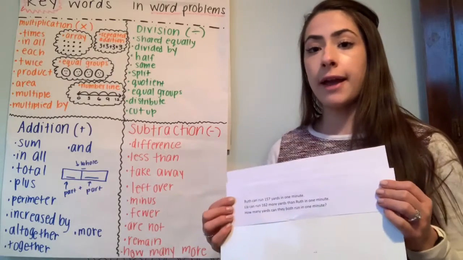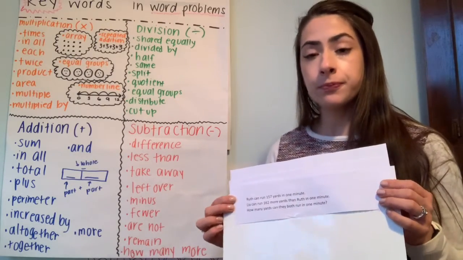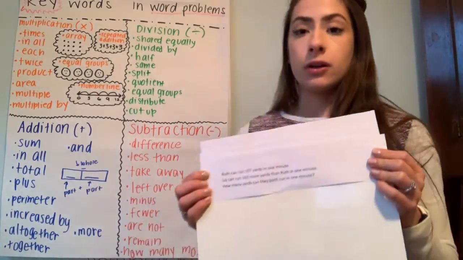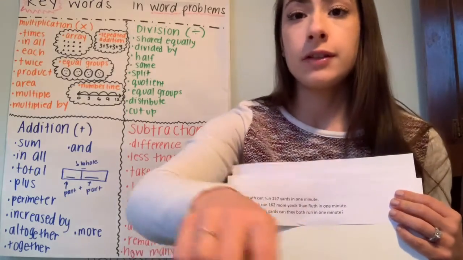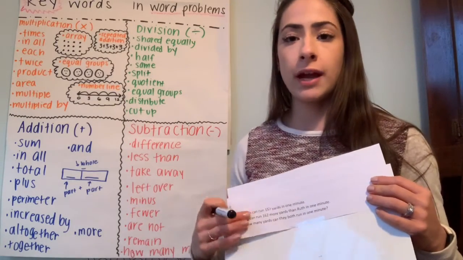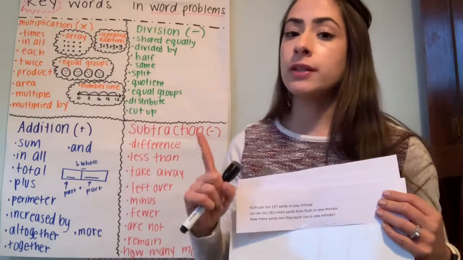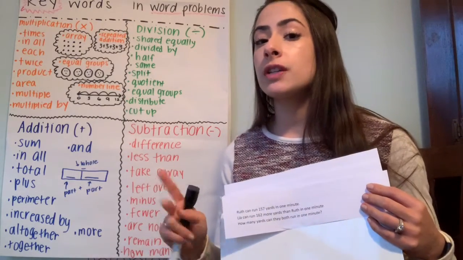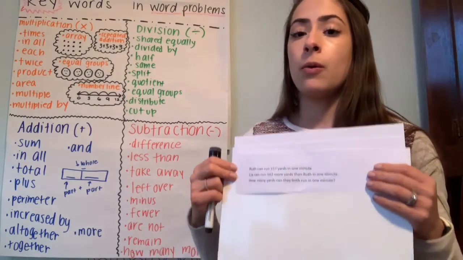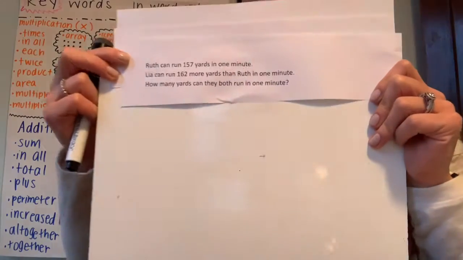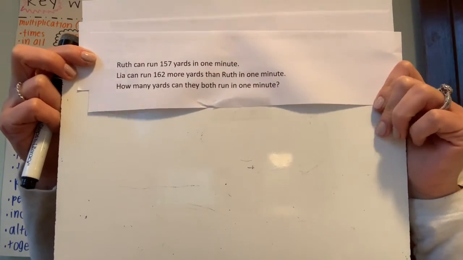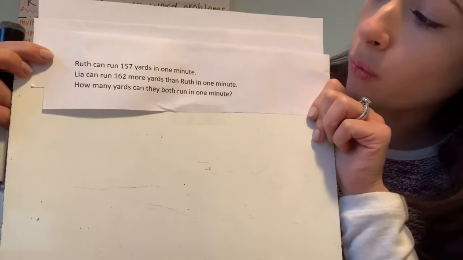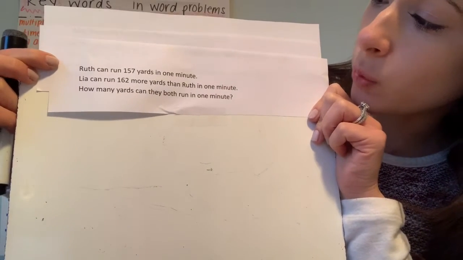So we're going to look at our word problems and we are going to decide, do we need to add or subtract? Some of these word problems are one step, some of them are two steps. You have to be careful about what the question is asking you. So this says, Ruth can run 157 yards in 1 minute.